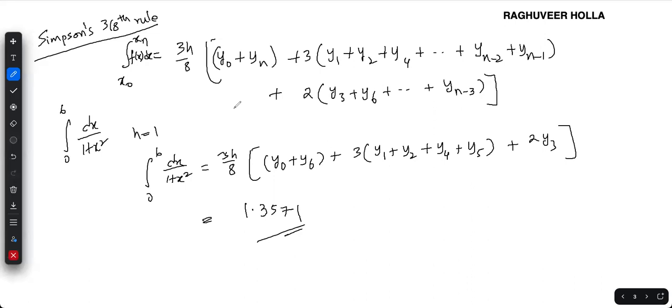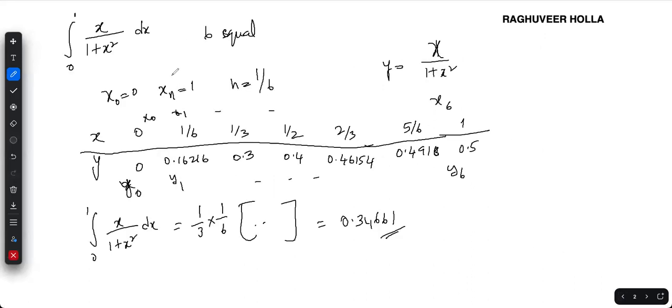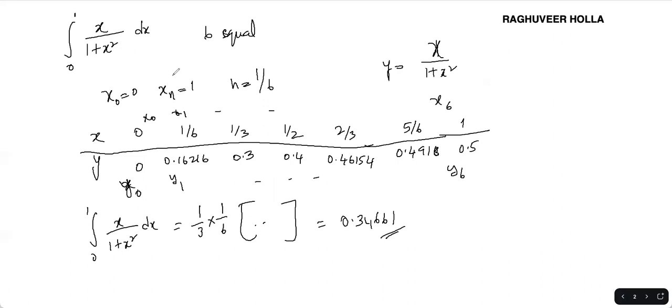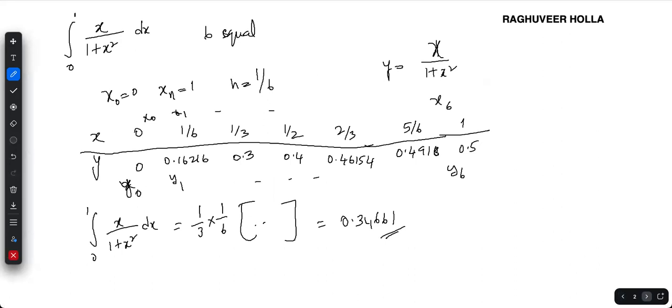Now, using Simpson's 3/8 rule, let us solve the integral from 0 to 1 of dx by 1 plus x square.